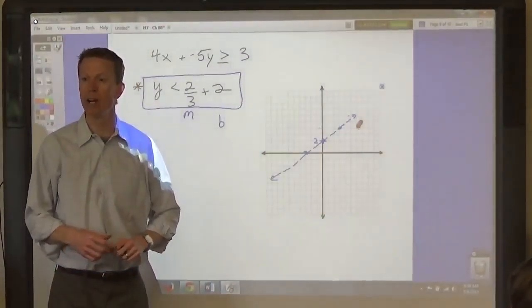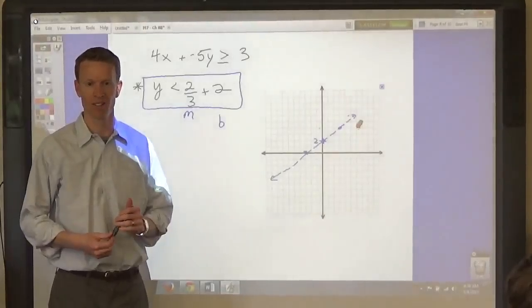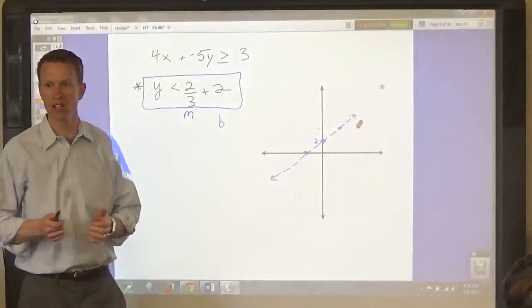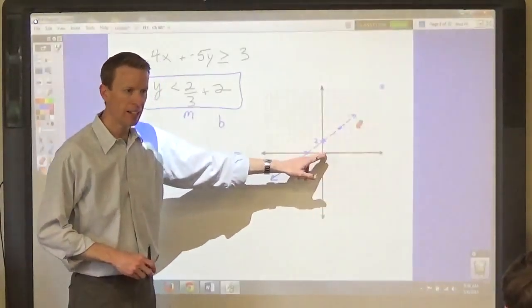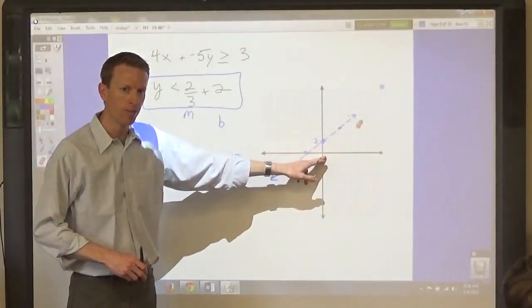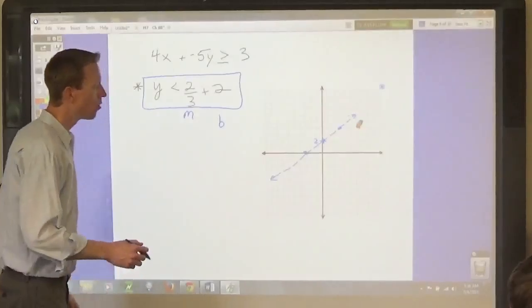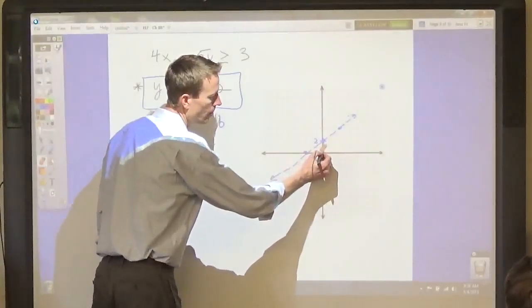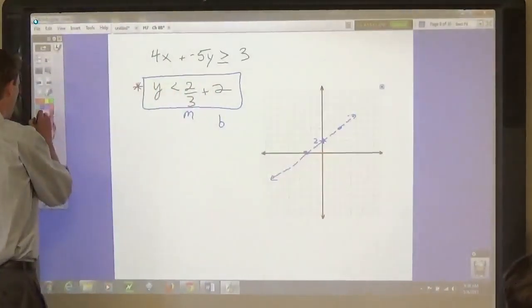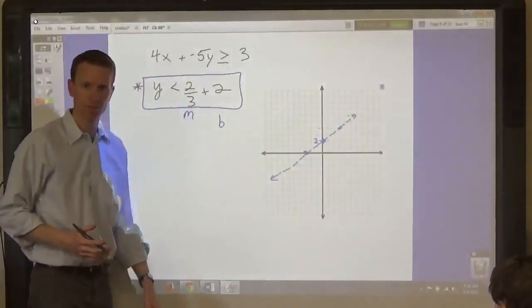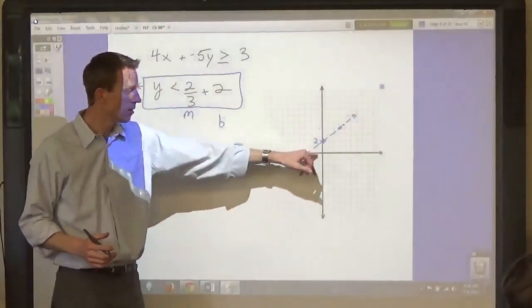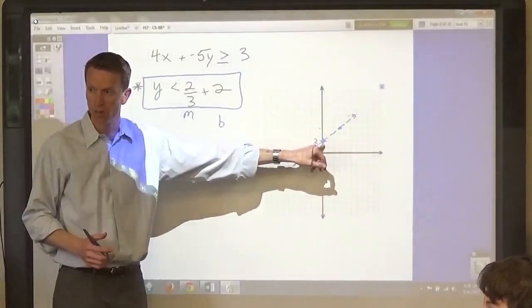Now we have to figure out which side of the line. And here's how you figure out which side. It works especially well when the line does not go through 0, 0. If the line goes through 0, 0, then we have to do something a little bit different. This line is above 0, 0, isn't it? Because it goes through at 2.